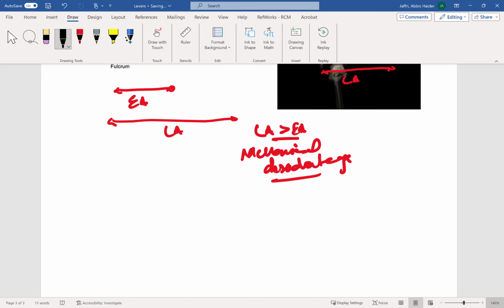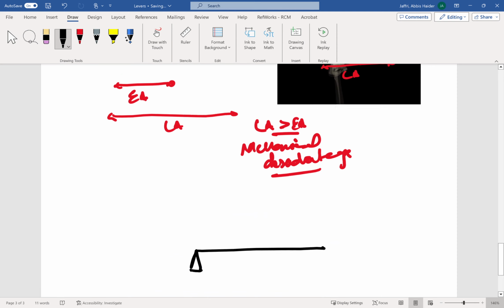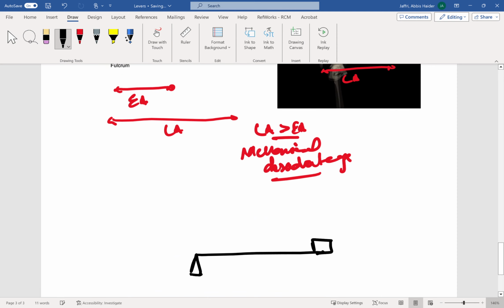The reason for that is, for example, this is your fulcrum and this is your lever, and you have a load at the very end. Okay, and then you have the effort here. This is your E and this is your load. Now this is your third order or third class lever. Most of your body has third order levers.